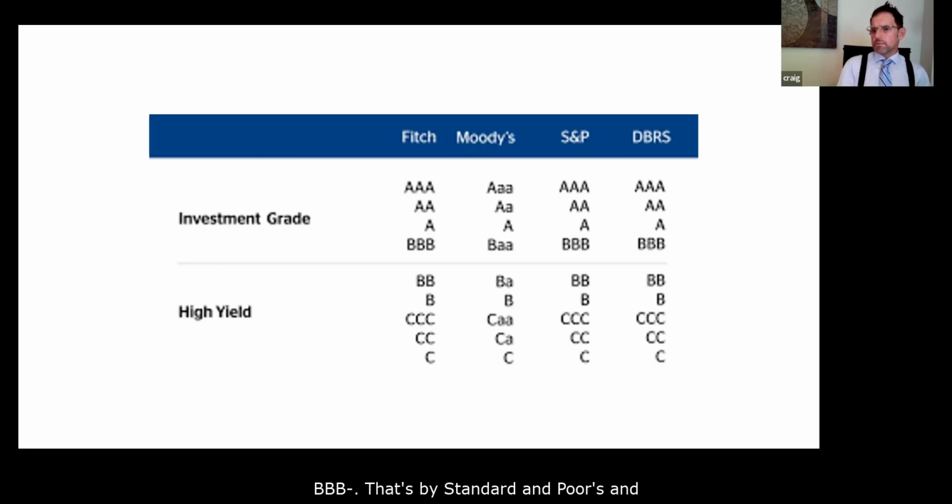That's by Standard & Poor's and by Fitch. Moody's, however, has a different rating for investment grade. Anything above a Baa is investment grade. So anything below that is considered junk or high yield.